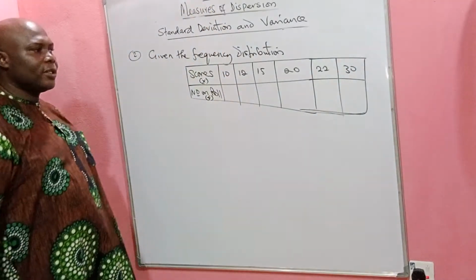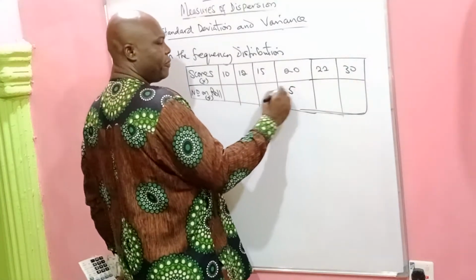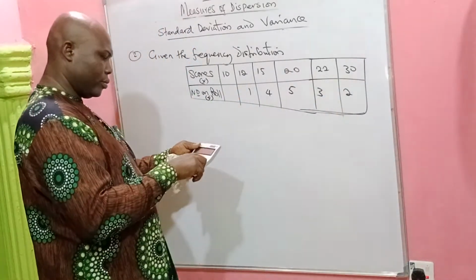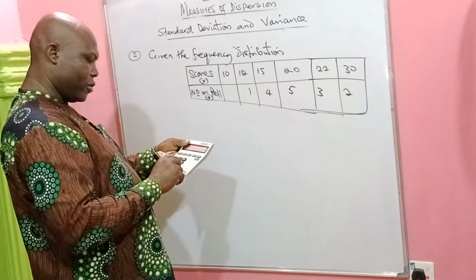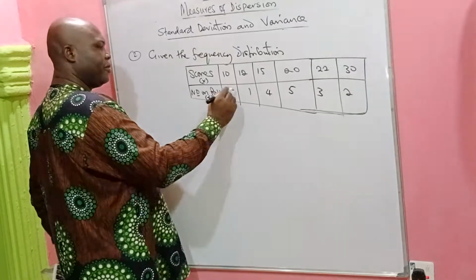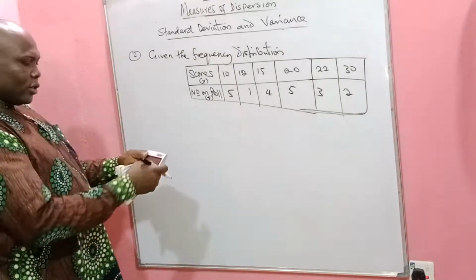So we've been given these scores, the frequency 5, 1, 4, 5, 3, 2. Okay, so that's what we have.